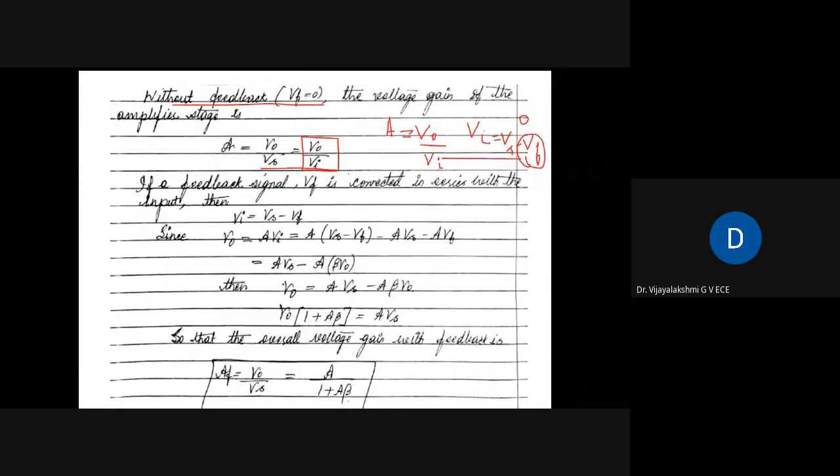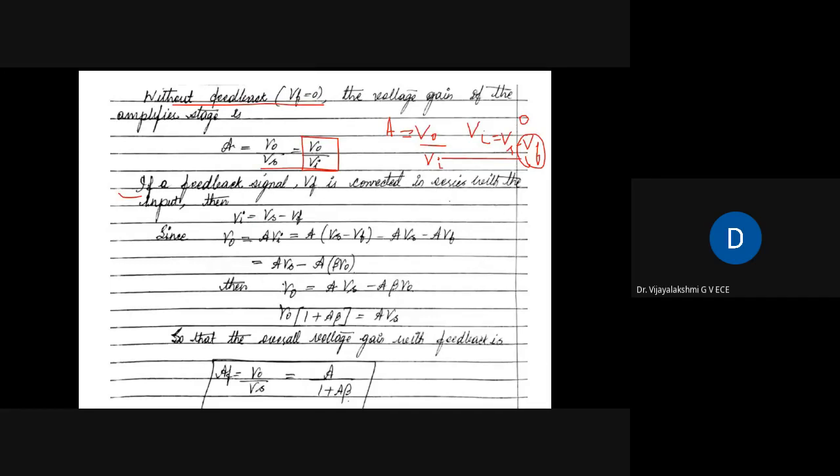Now we are trying to understand what will happen to the gain when we give feedback. Okay, second case, if the feedback signal is given, then we substitute Vi is equal to Vs minus Vf.